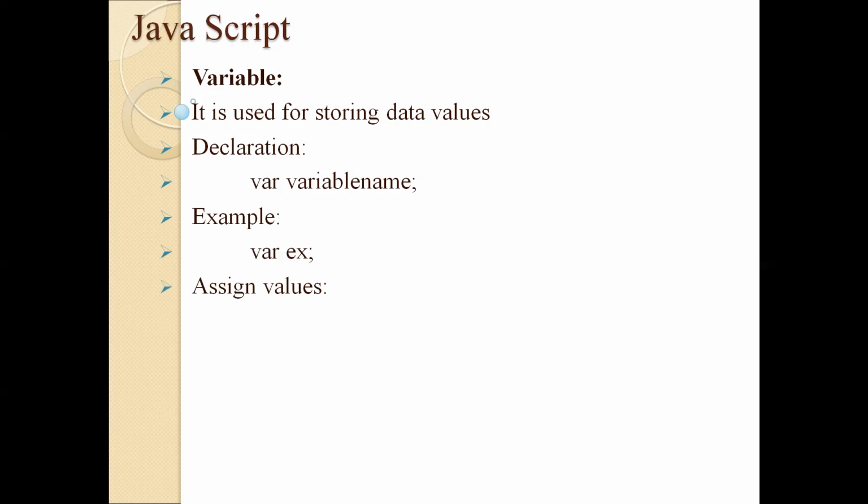Assignment. As I said earlier, there are two parts while we are discussing variables: the declaration part and the initialization part. Initialization means assigning some values to that variable. Till now, we have defined a variable with the name ex, and now we have to assign some values to that ex.